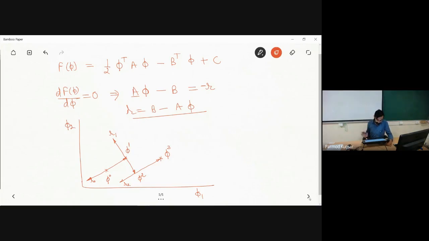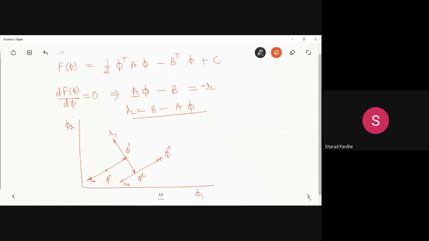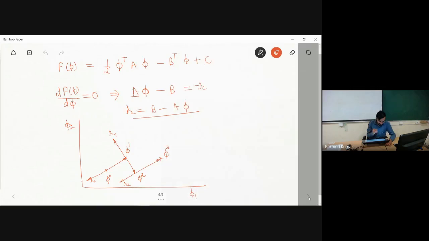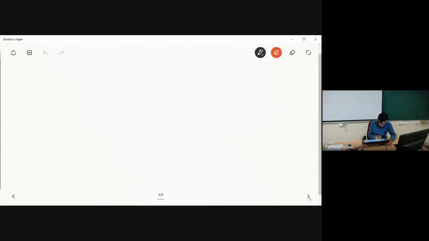So is this point clear? Yes, sir. Now, considering this concept, if you recall, just now I told you that phi1 will be equal to phi naught plus alpha naught times r naught. What I am saying is that r naught is the direction representing the residual, and we are moving in the opposite direction.